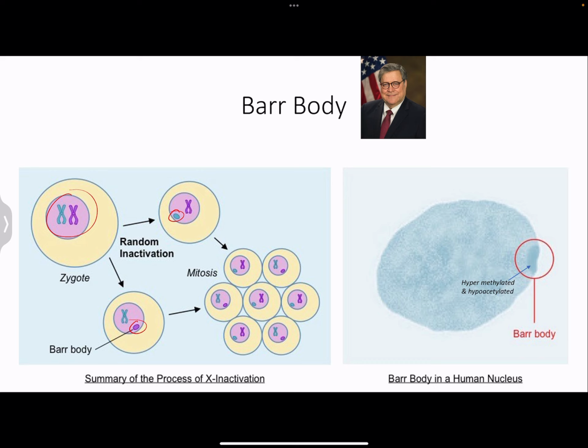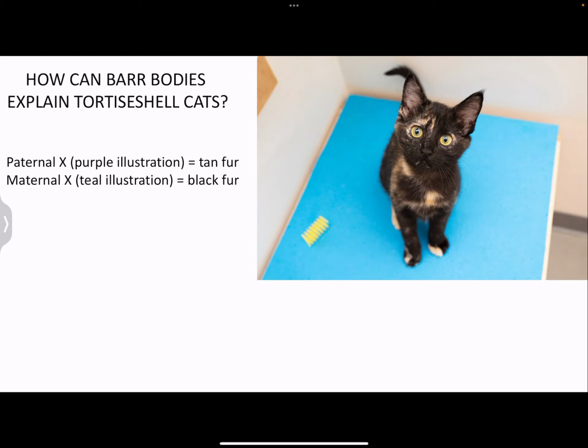And it's actually quite random, and it's not always the same one. So we end up with this complex pattern, this sort of mosaic of X from mom compressed versus X from dad compressed. And to compress them, there's just a hyper heterochromatic state. So it's a lot of methyl groups and not a lot of acetyl groups.